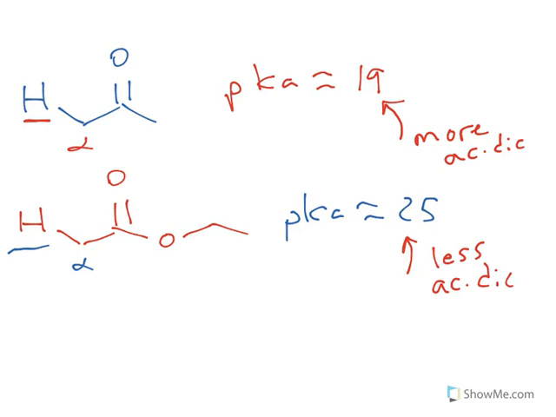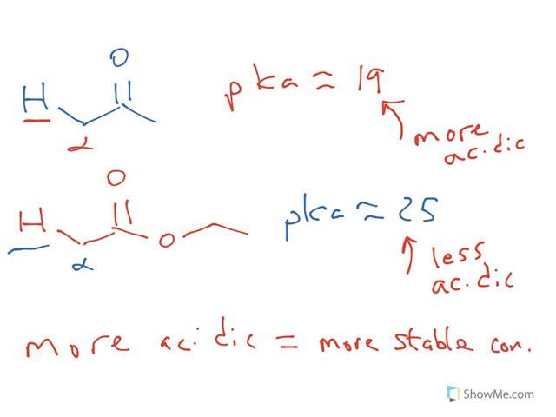So remember, if you have a compound that is more acidic, what does that mean for its conjugate base? That means it has a more stable conjugate base. What am I trying to say here? Look at the ketone and look at the ethyl acetate, the ester. Which one's more acidic? The pKa value tells us the ketone is more acidic, thus it's going to have a more stable conjugate base. What does that mean?